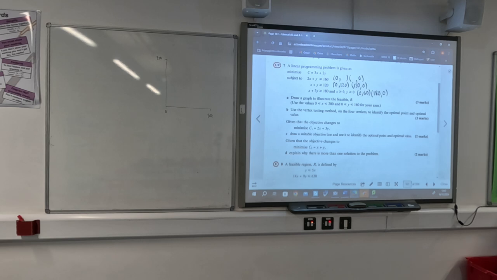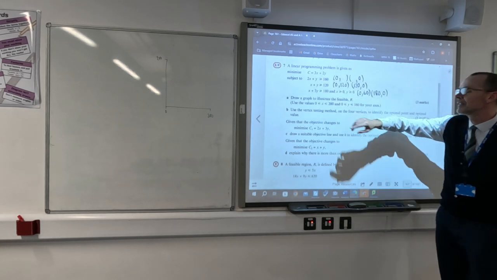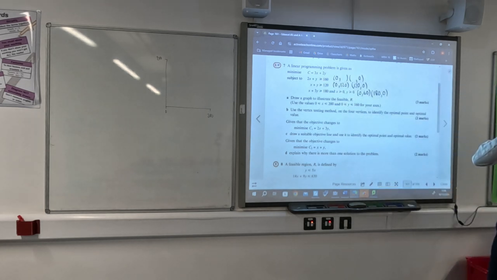Now remember, we are interested in a feasible region that's above all three lines, because we are being asked to minimise.